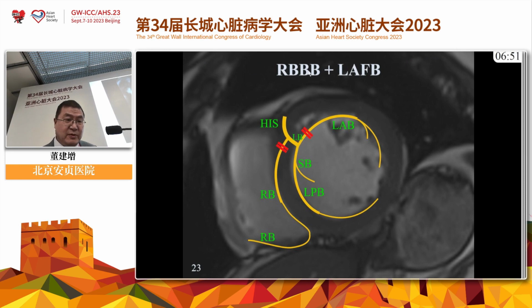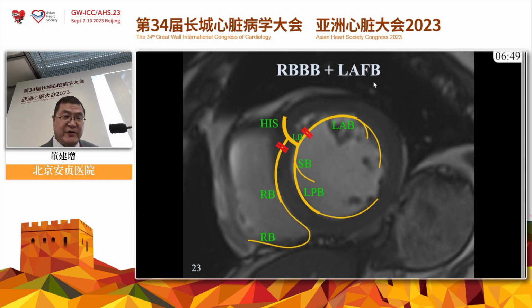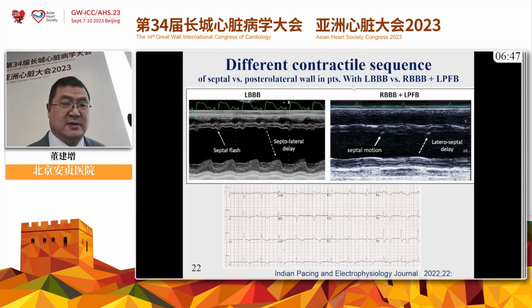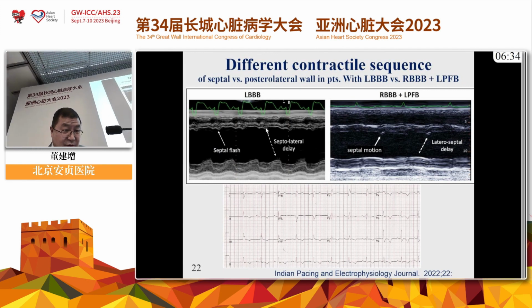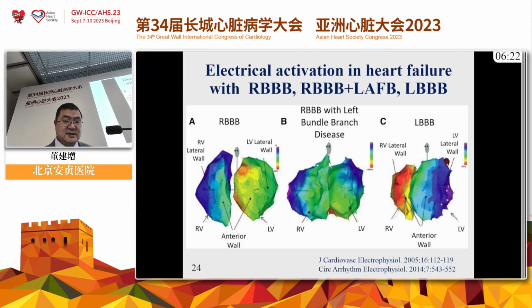This is right bundle branch block with left anterior fascicular block. So the EKG shows a right bundle branch block with left anterior block. We can see the inferior septum contracts early, and the superolateral wall contracts later, in dyssynchrony.